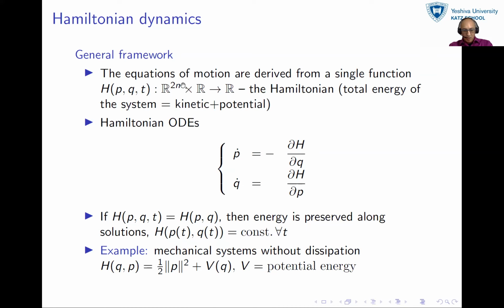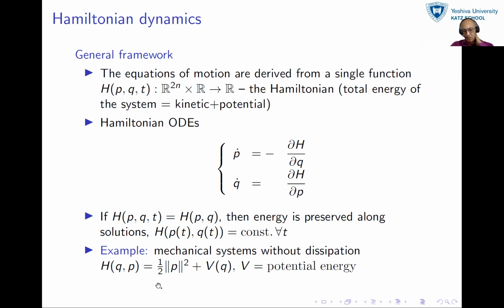If this Hamiltonian function does not depend on time, which is what is called autonomous, then you have the law of energy conservation. So the energy, which is the Hamiltonian, is preserved along the solutions. A general example of autonomous Hamiltonian systems, where autonomous again means the variable time does not appear in this function, is when you have a mechanical system without dissipation.